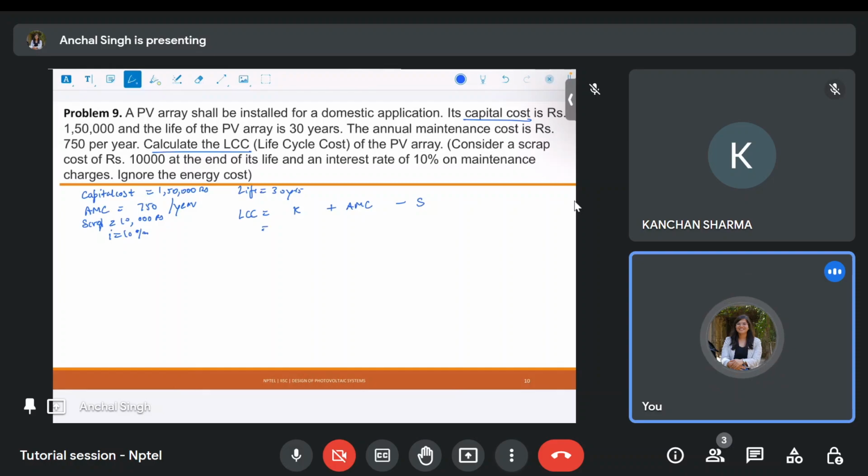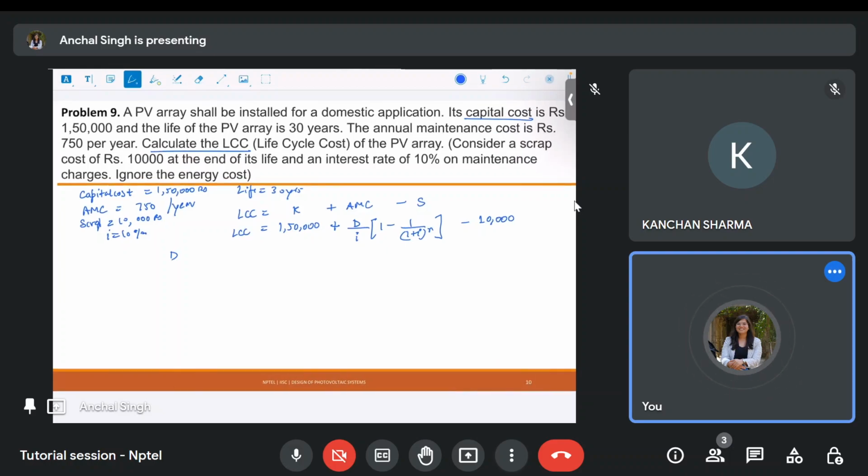So straightforward, capital cost is 1,50,000, and the annual maintenance cost is 750 per year. So the amount that we need right now will be given as D by I into 1 minus 1 by 1 plus I to the power n, and scrap cost is 10,000 rupees, right? And we know that this will be our LCC.